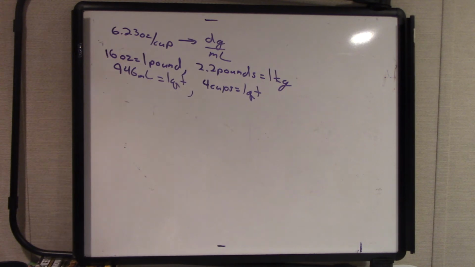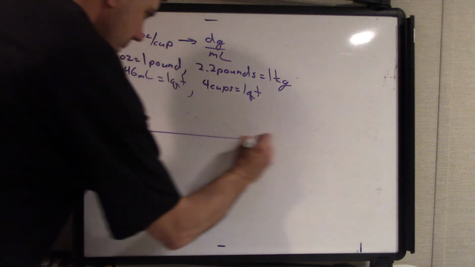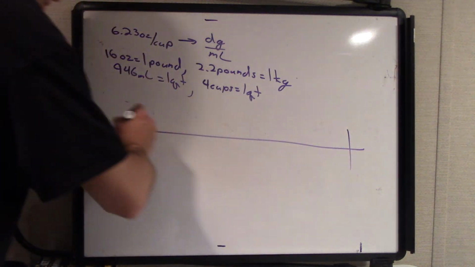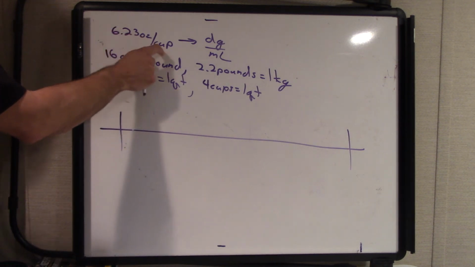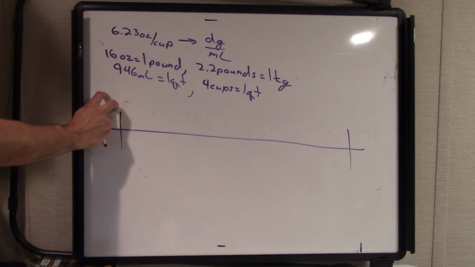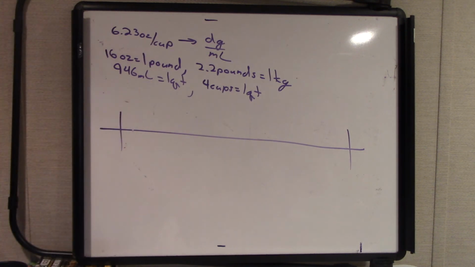Now, the key thing in this is you're going to notice we start a little bit differently than we did before, and it's key to do this. This is a critical thing that you do this on the very first step, because you can actually make a mistake how you key this information in. When you have 6.23 ounces per cup, you just don't slam everything in that top box.